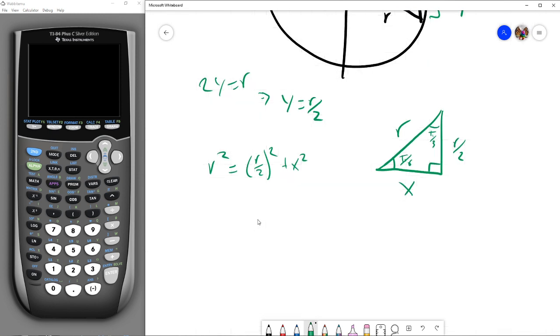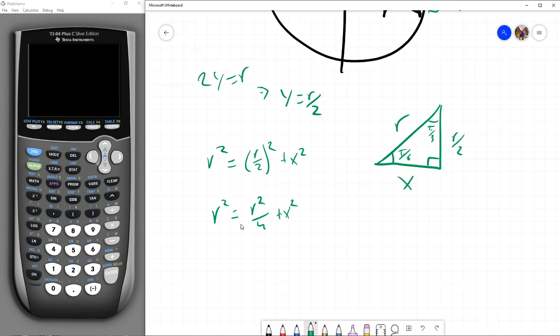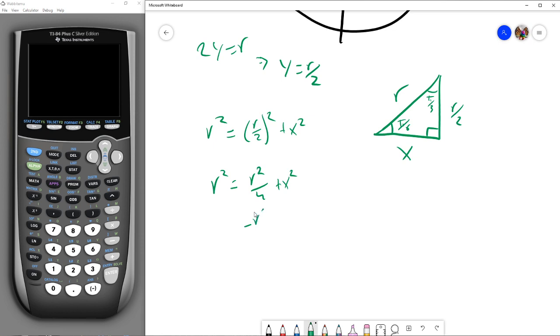So r squared equals r squared over 4 plus x squared. If we subtract r squared over 4 from both sides, 1 whole r squared minus 1/4 r squared leaves us with 3/4 r squared equal to x squared.